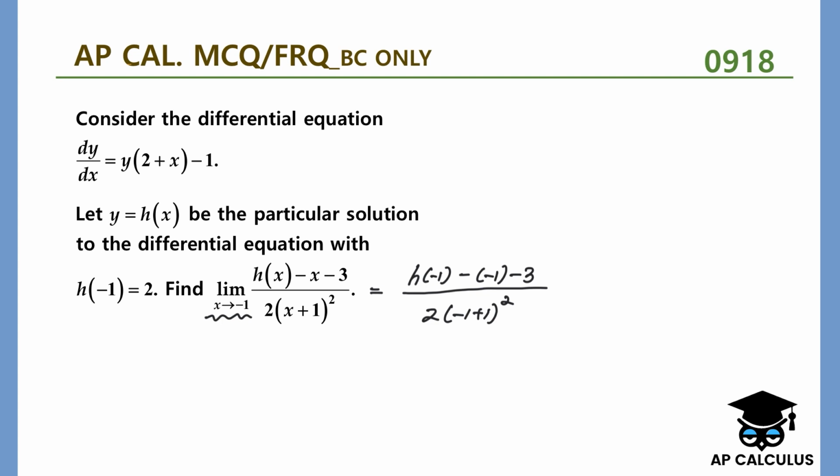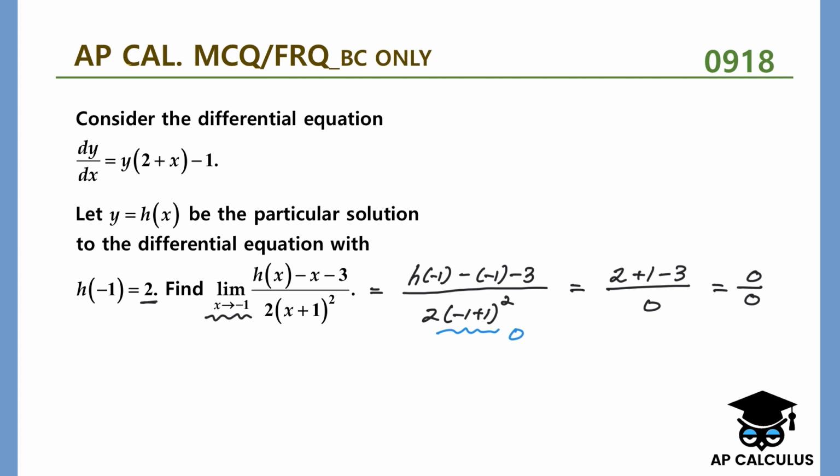The denominator is actually equal to 0, right? h of -1 is 2, so that is 2 plus 1 minus 3. The numerator is also equal to 0. So that's an indeterminate form. Then we're going to have to apply L'Hopital's rule to solve this limit.